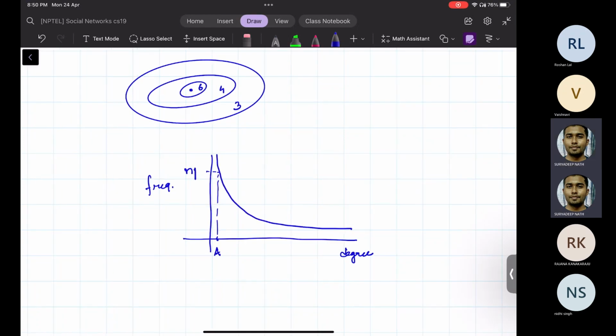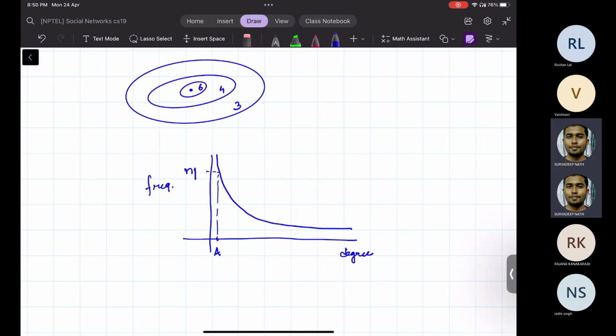Wait, let me open that question. Which one was that? The third last question. So N1 represents the number of nodes having the least degree. A is the node with the least degree, and N1 is the number of nodes.